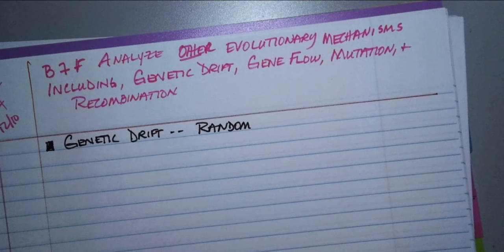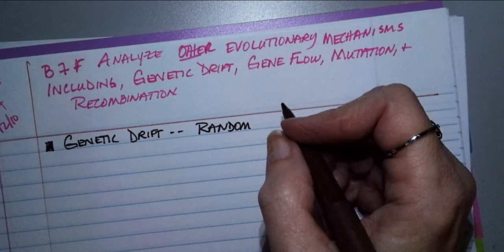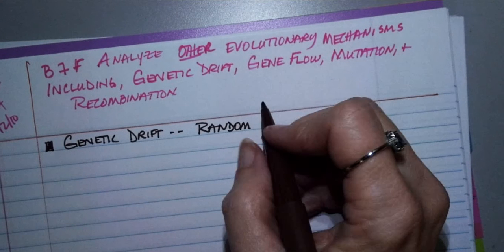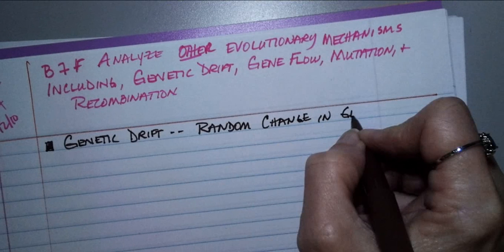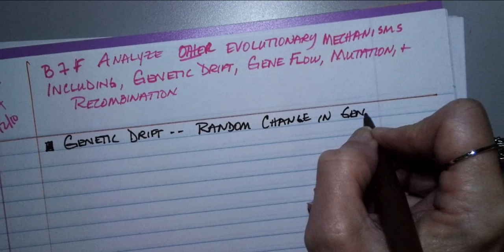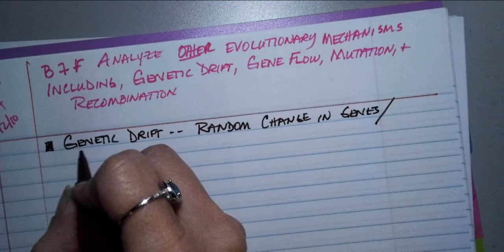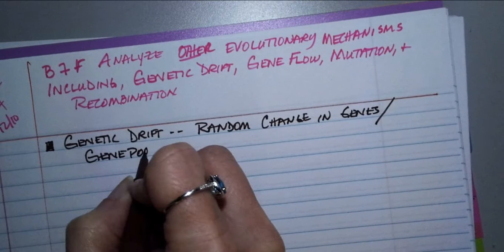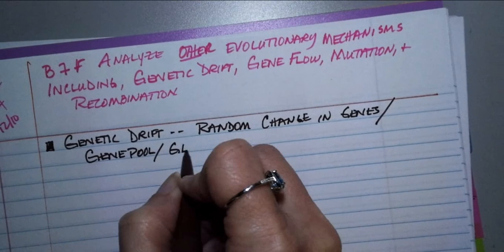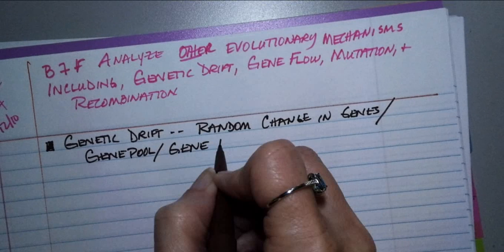So you've got a random change in genes, or the gene pool, or the gene frequency. Which genes are present, which ones are most there. I'm using all these phrases.